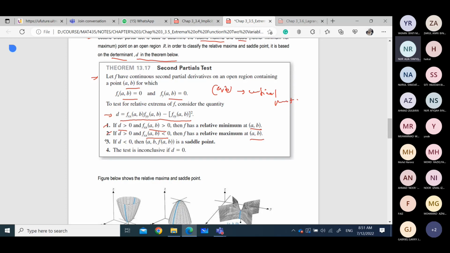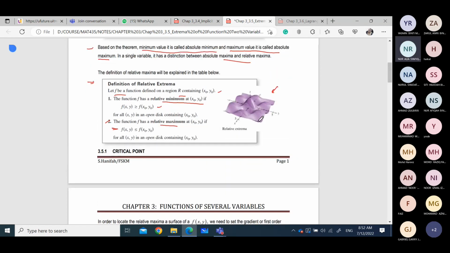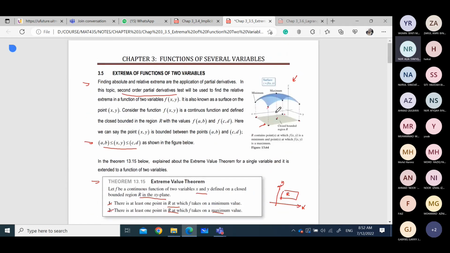Okay, and number 3, if D is less than 0, then the point on the surface is a saddle point. So untuk point dekat surface tu kita ada three terms lah, which is x, y and z yang kat sini.